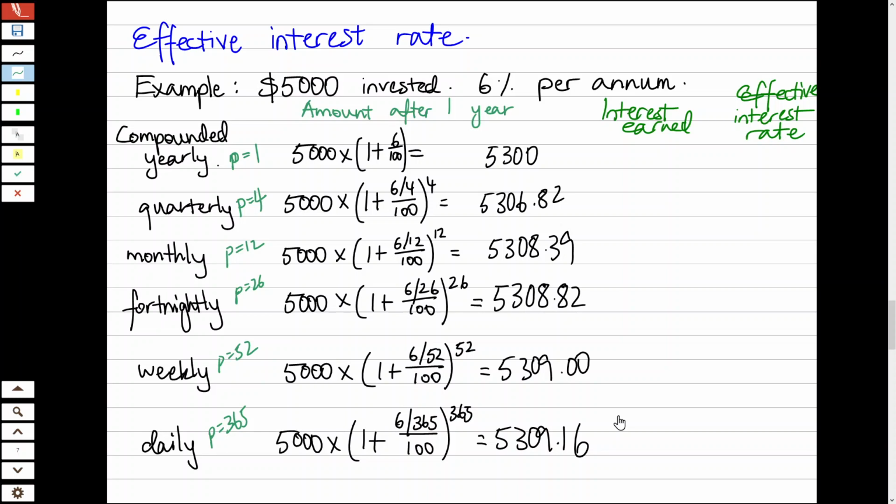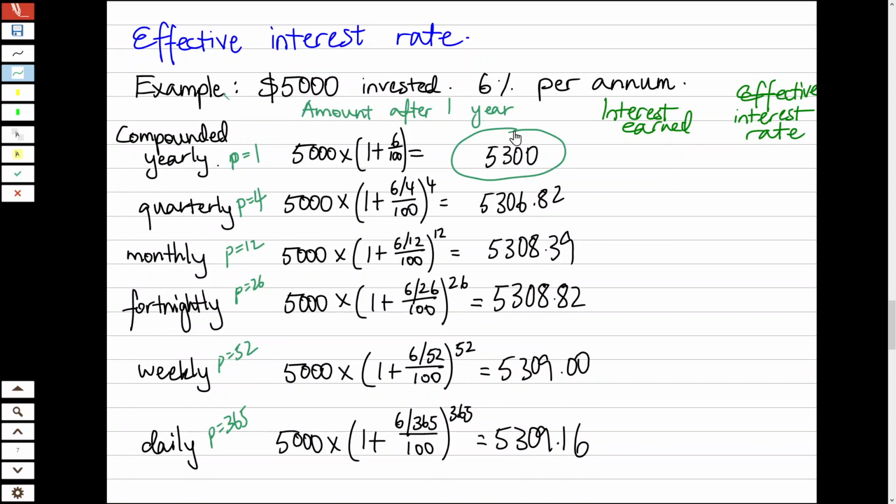So the first thing I want to ask you, looking at this first number here: let's say I invest $5,000 into the bank and I get 6% interest at the end of the year. So my new balance after 1 year is 5,300.